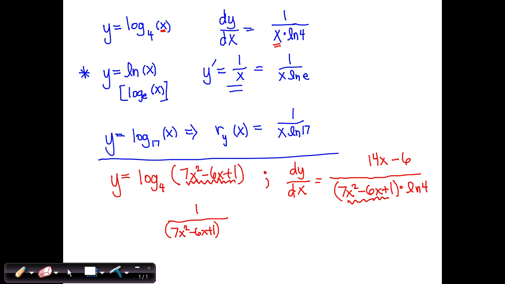And I do need parentheses to get that whole trinomial multiplied by natural log of 4. Otherwise, it would just be plus 1 times the natural log of 4. And I don't want that. I want the whole denominator. I want this whole other expression multiplied by natural log of 4. And then times the derivative of this internal first function in terms of order of operations, 14x minus 6.